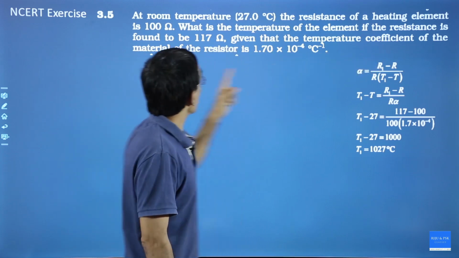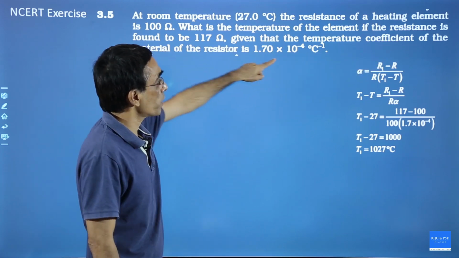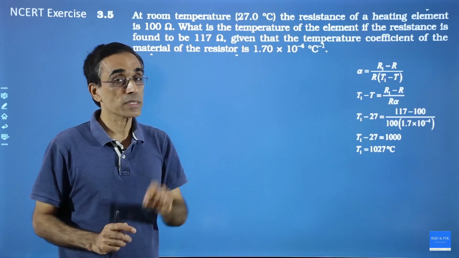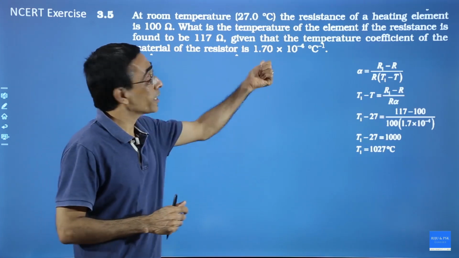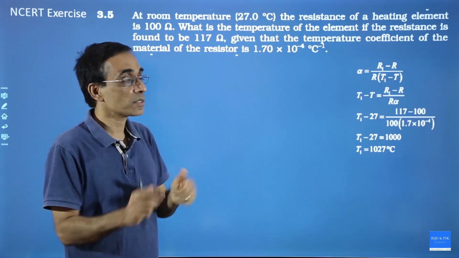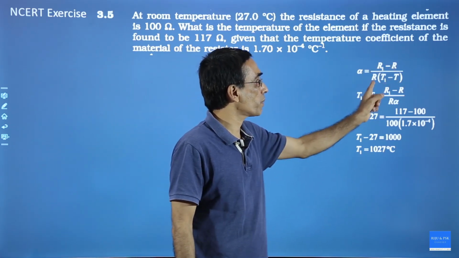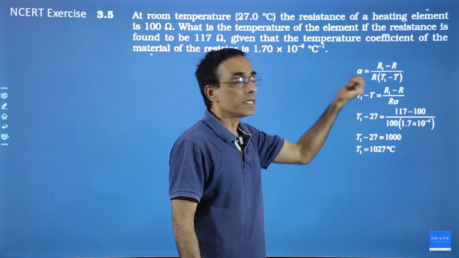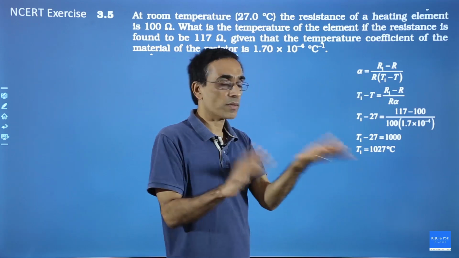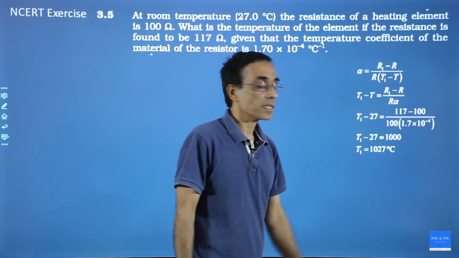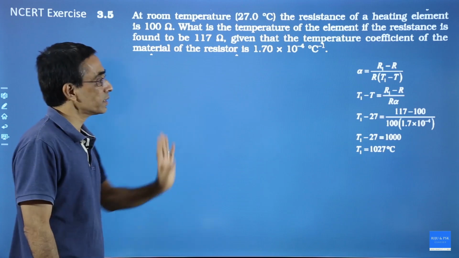The temperature coefficient of the material is given as 1.7. This must be an average value because they did not mention the temperature at which it applies, so you should take it as an average value. Just go for the equation alpha is R1 minus R by R into T1 minus T. Same thing, R2 minus R1 or R1 minus R, apply that one, you'll get 1027 degrees Celsius. Work this out at home.